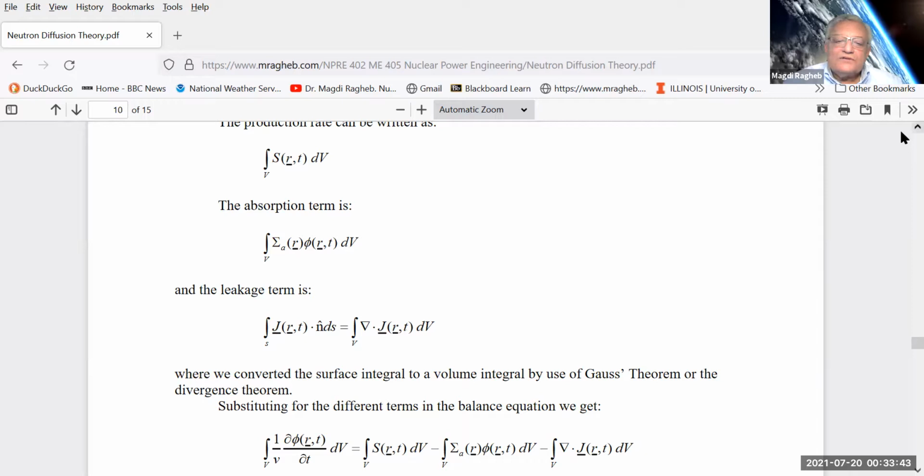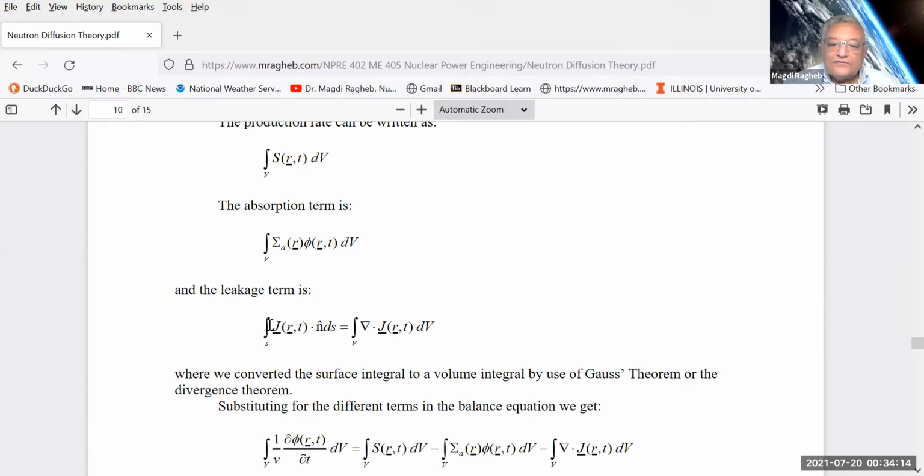The last term in the balance equation is leakage from the surface. And when we consider the leakage at the surface, we take the current at the surface normal to the surface. So we take a dot product with a tiny vector perpendicular to the surface and integrate over the surface. That is a surface integral.